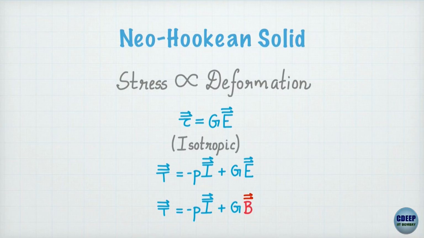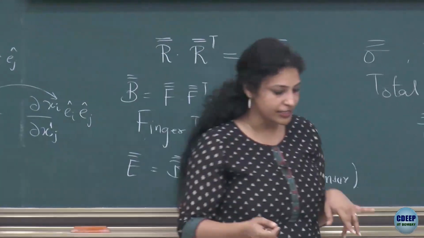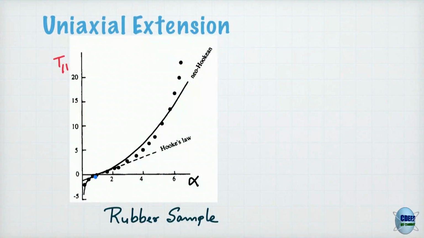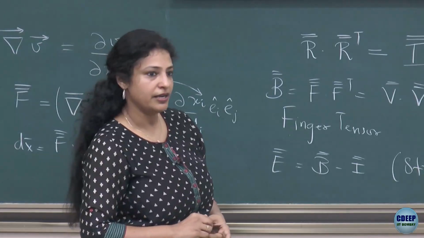Right. So, now you know how to define the stress tensor for a neo-Hookean solid, and then the question is, would we be able to reproduce this? You remember this chart from an earlier class, we had the stress component T11 given as a function of the elongation ratio, and we discussed that Hooke's law remains valid for a very small portion close to alpha equal to 1, right.